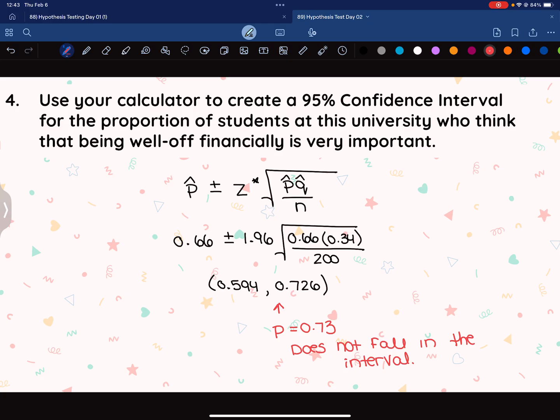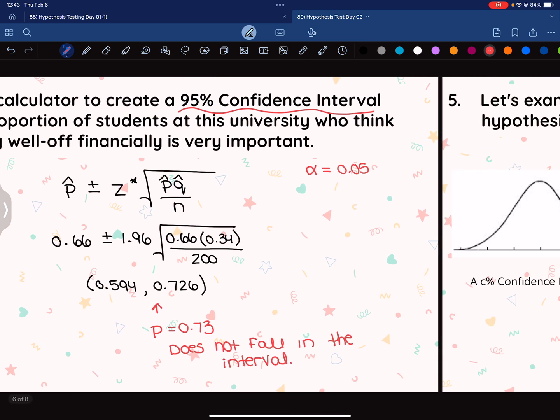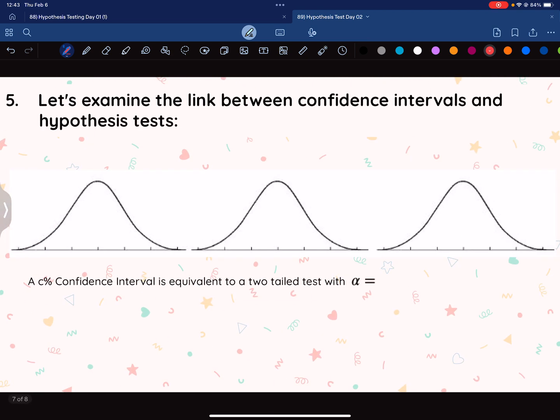Now, the thing to keep in mind is 95% confidence means the rest of it, when I think about it, has an alpha of 0.05. Let's talk about why. So imagine I'm building 95% confidence.